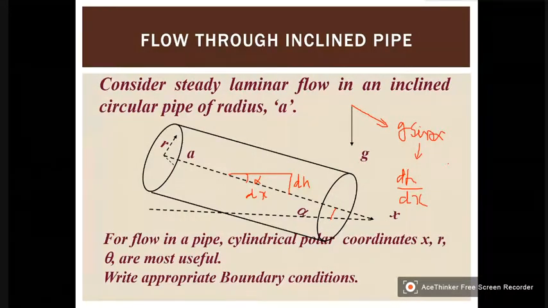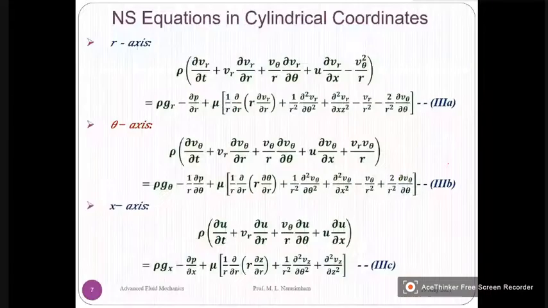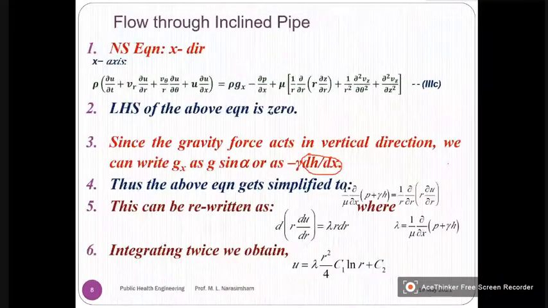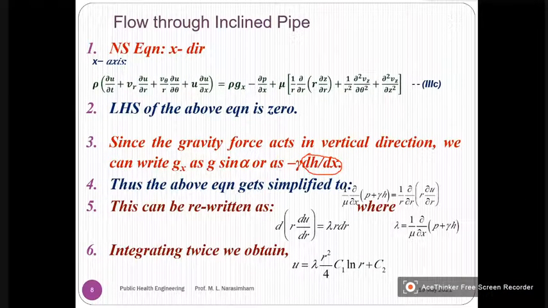Because it is sloping downwards, we can write it as minus dH by dx.